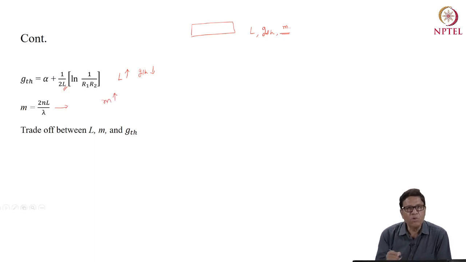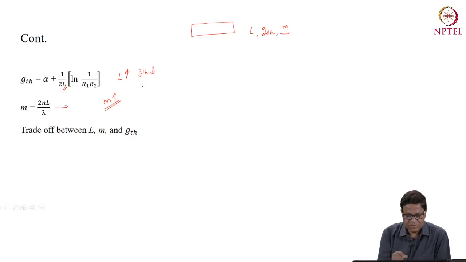That means the number of modes which are supported is increasing, which effectively increases your spectral width, right? And when L increases, you have a larger cavity, so more power can be generated, right? But at the cost of M also increasing. So the number of modes is increasing, effectively the spectral width is increasing, and GTH.